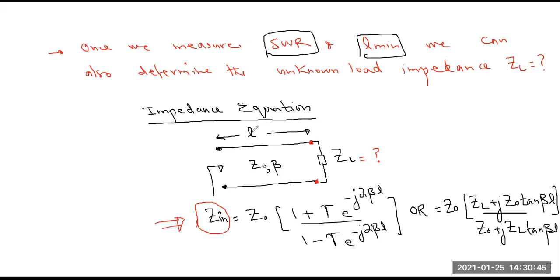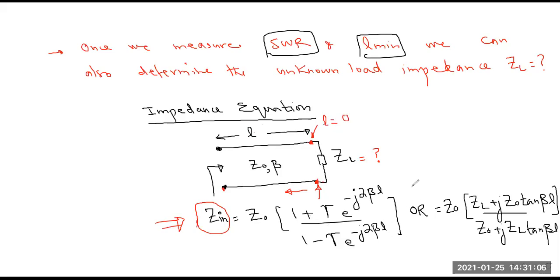So now the value of L will become 0, because the length of the transmission line is measured from this point, so length is increasing, and when you reach over here, at this point, L is equal to 0.